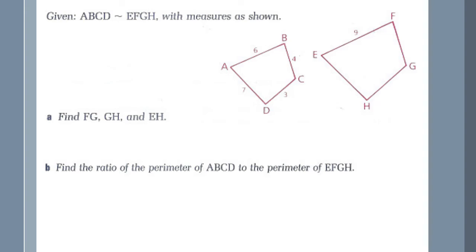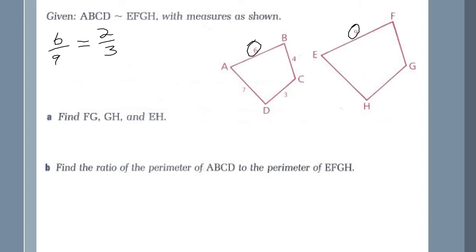Okay, given that ABCD is similar to EFGH with the measures shown, first we need to find the lengths of FG, GH, and EH. Our scale factor is easy to see: it is 6 to 9, which reduces to 2 over 3. Now we do this with every remaining side.